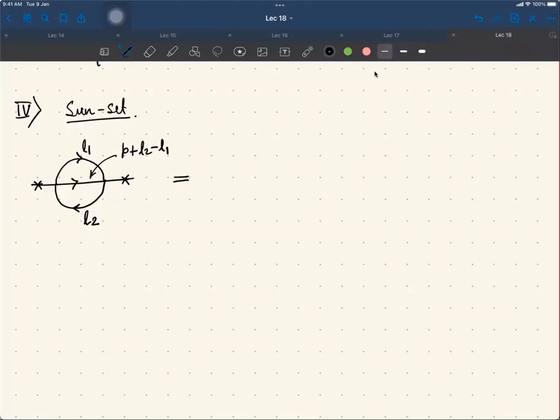Now, this has a symmetry factor of 1 over factorial 3 because it comes from the interchange of these three lines. And then there are two vertex factors, lambda mu to the power epsilon, whole squared. And then there are two loop integrals.